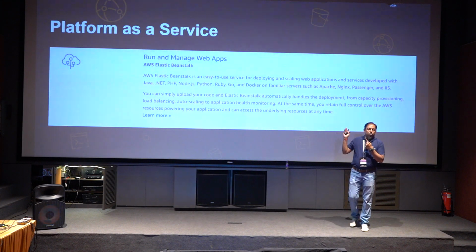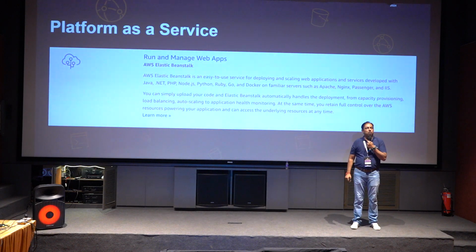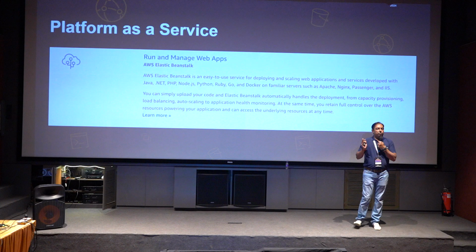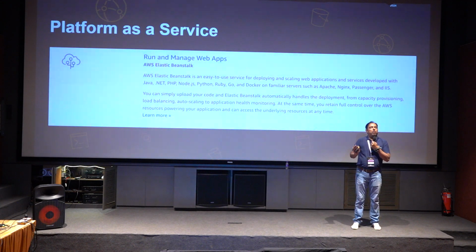In the background, it uses ECS, AWS Elastic Container Service, and deploys your code on it. It has all the features. You can enable load balancing for your workload to manage your incoming requests.